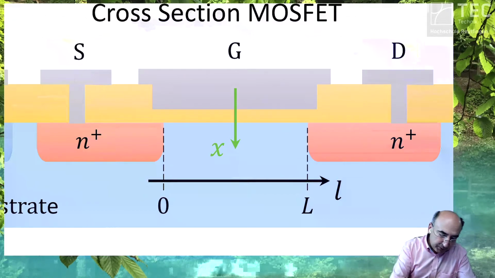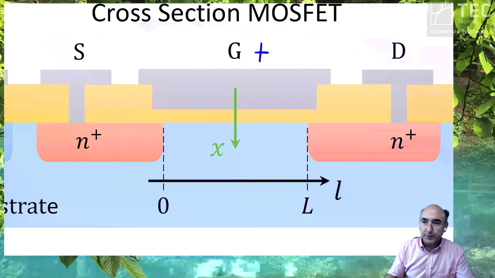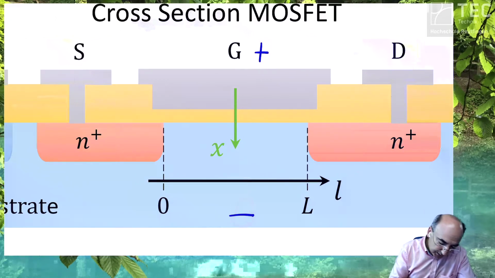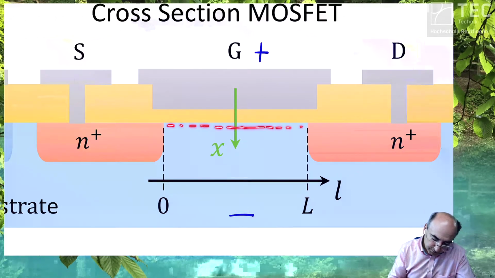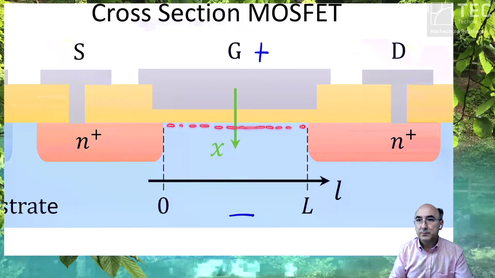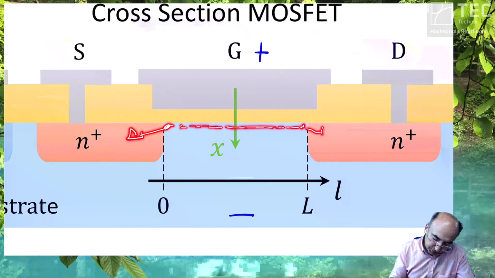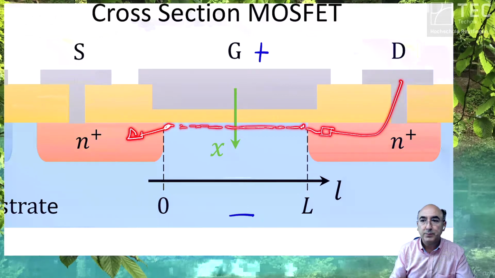Now, if you apply a positive voltage here and a negative voltage here, so plus, minus, you attract electrons to the interface. If you do that, your resistor is connected to this channel, and this resistor can connect it to the environment.